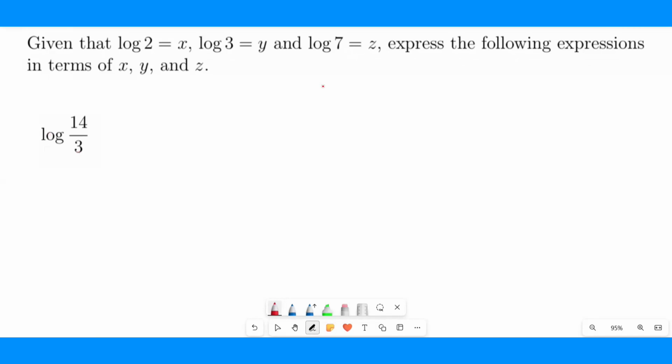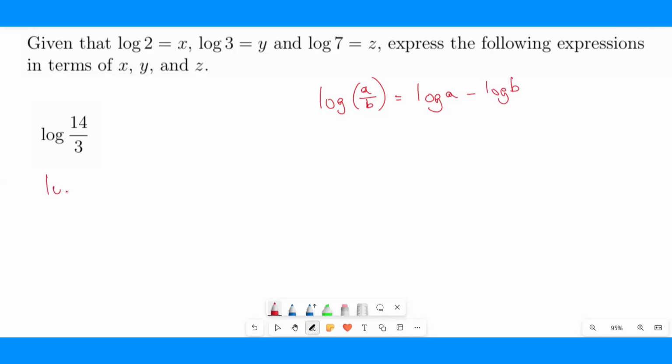Now in logarithm, if we have the log of, say, a over b, the fact that they're in the same base, this division can be represented as subtraction. So it's going to be the log of A minus the log of B. They're in the same base, so we're going to utilize that to help us.